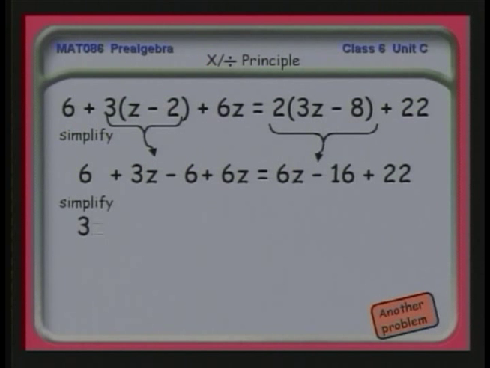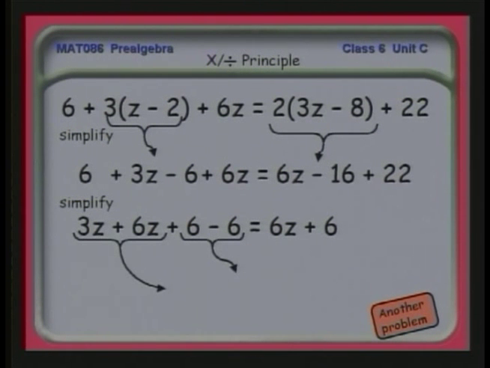I want to keep simplifying. I see I have z's and numbers on the left. Let me put the z's together and the numbers together, and let me simplify plus 22 minus 16 that I have on the right, and I'm left with this. Continuing our simplification, 3z plus 6z is 9z, and plus 6 minus 6 is 0.